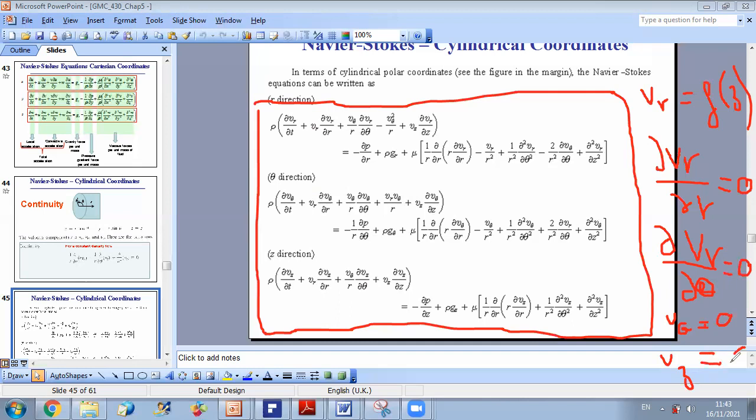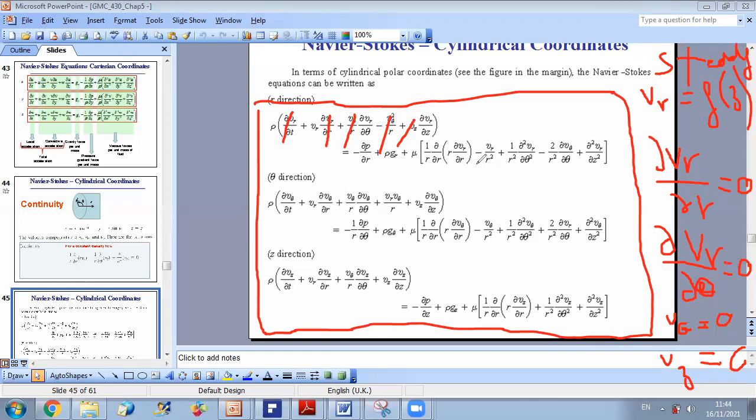In this type of flow, if I go to these equations, first I have rho ∂V_r/∂t. If it's steady, this term will cancel out. You have ∂V_r/∂r is 0, no V_θ, no V_z, so these terms will cancel out.